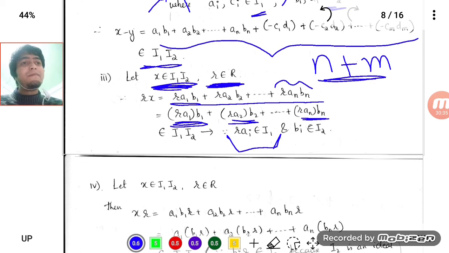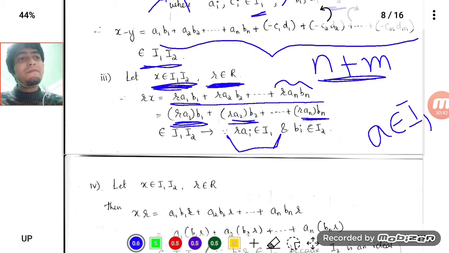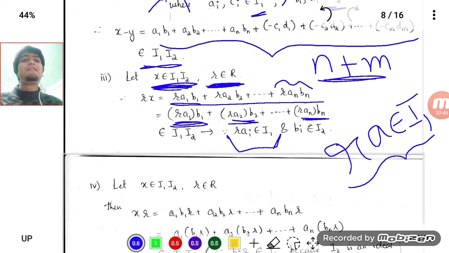Remember, if a belongs to an ideal I1, you multiply it by r, then it will also be in I1.